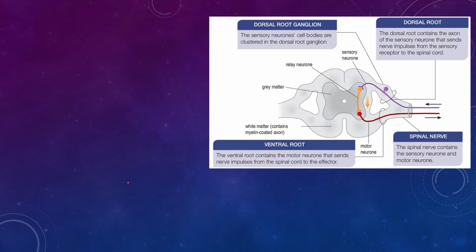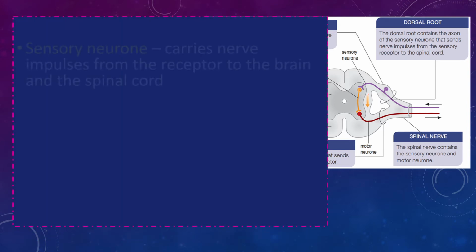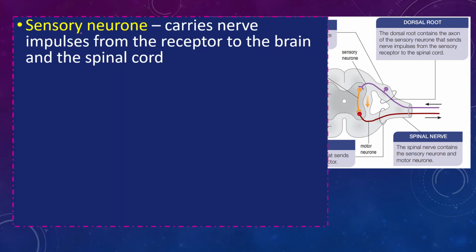Okay, remember this picture? In the previous videos, we came across this when we studied the spinal cord. So I just want you to take note on the location of these three types of neurons. First is sensory neuron.